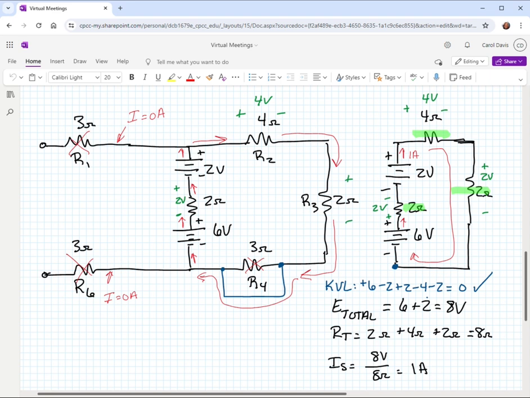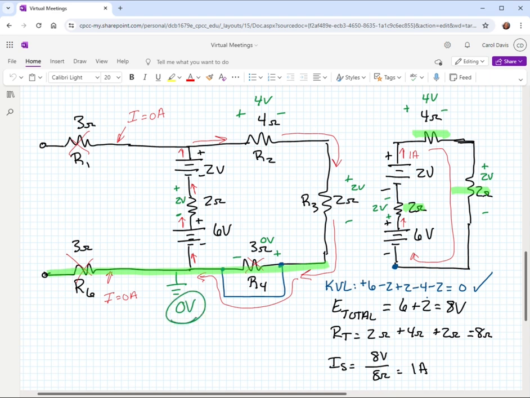Another 2 volt drop here. Remember, we've got 0 volt drop across our 3 ohm resistor. So if we make this our ground node, this whole node is connected to 0 volts. Okay, that's what our ground node is.